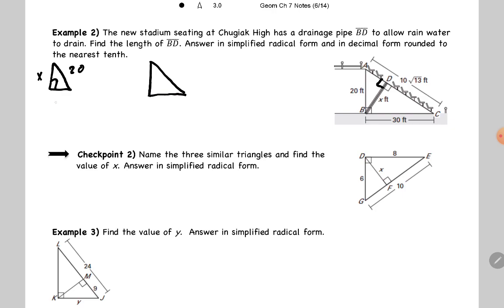Okay, so we have short. So the long side, so this one happens to be the short side, and the hypotenuse is 30.